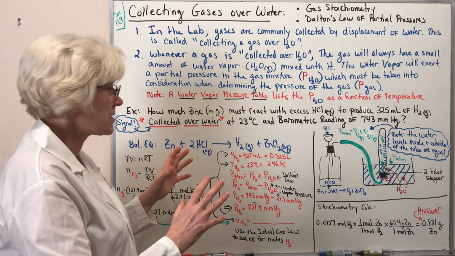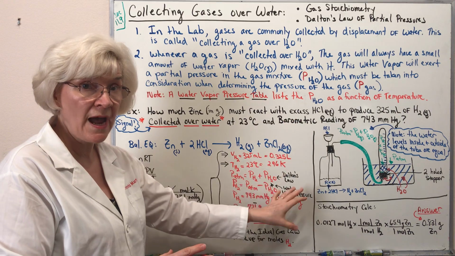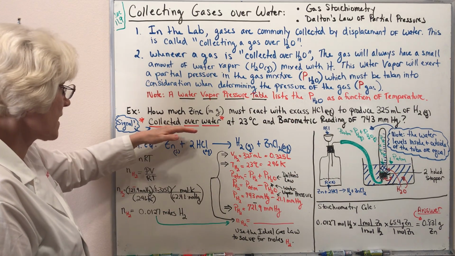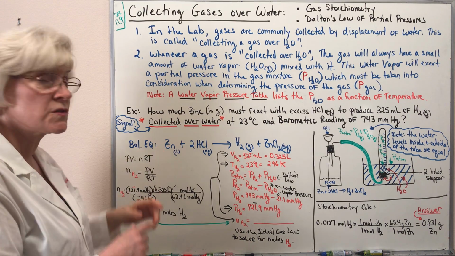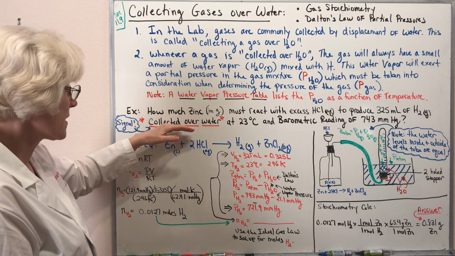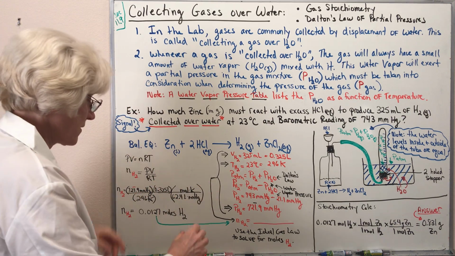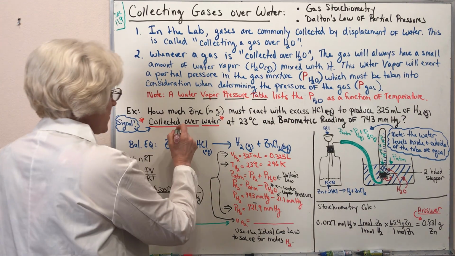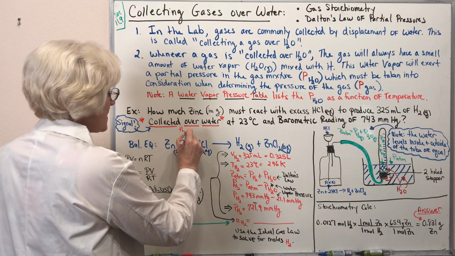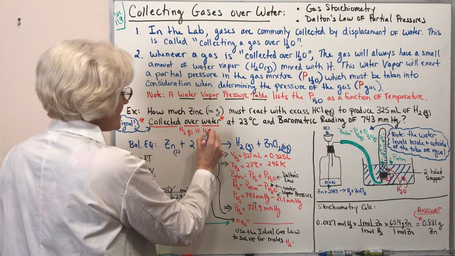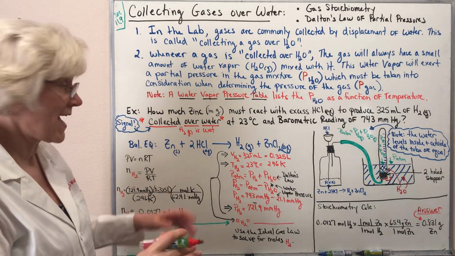Now, a couple of things to comment on before we unpack this problem and look at the solution. An important thing to mention is that as soon as you read the words collected over water, this is your signal. It tells you that the hydrogen gas that is being generated is wet, what we call wet.